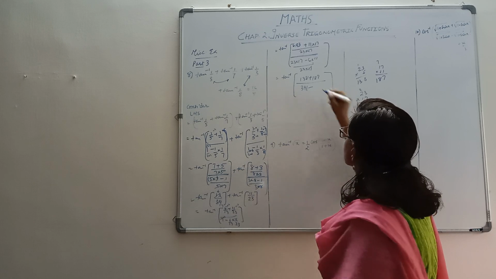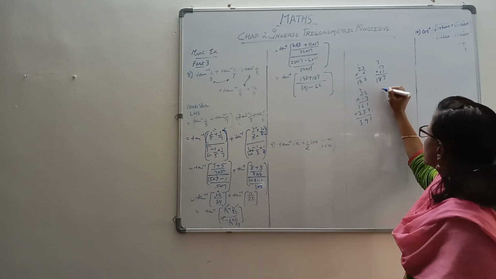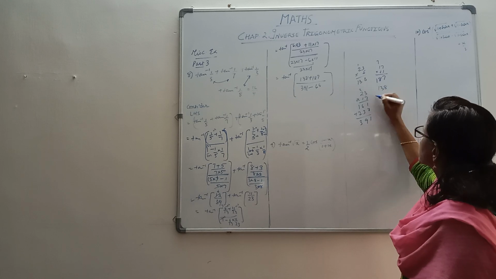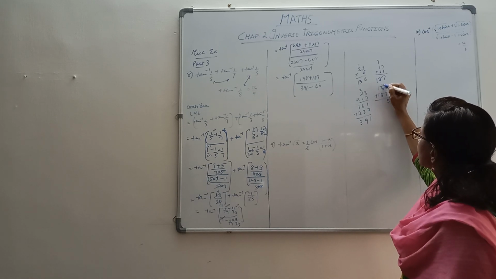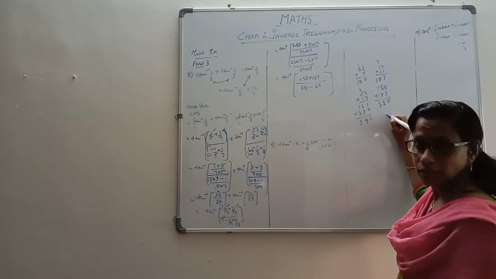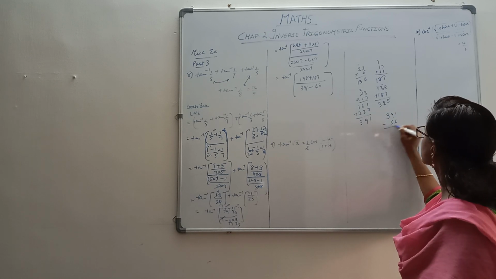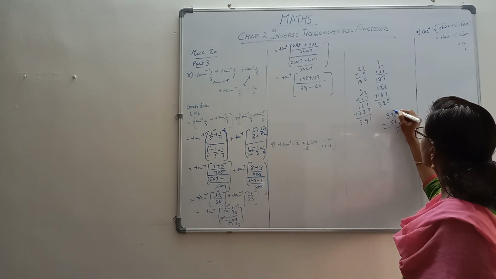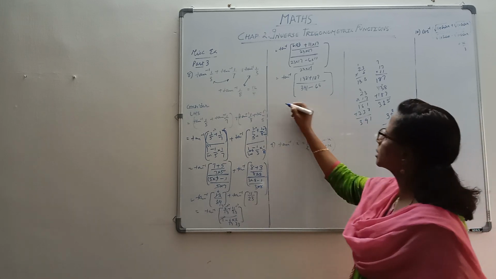Minus 66. So let's have that. 138 plus 187 is 325. And 391 minus 66 is 325. Both are coming out as 325.